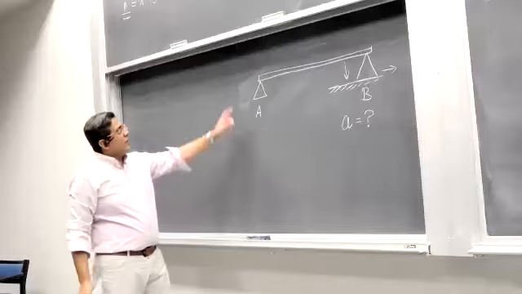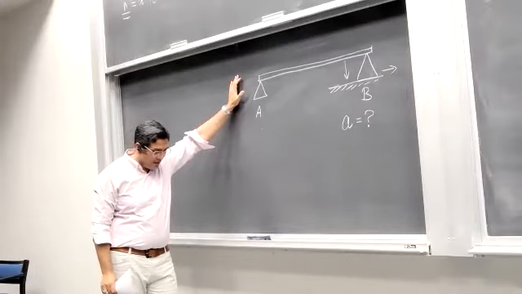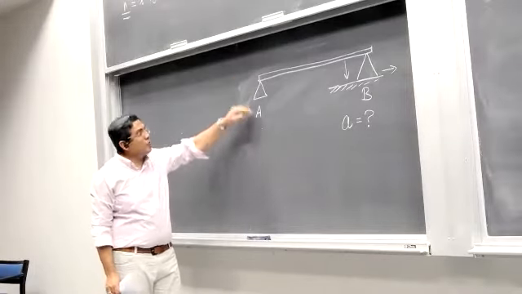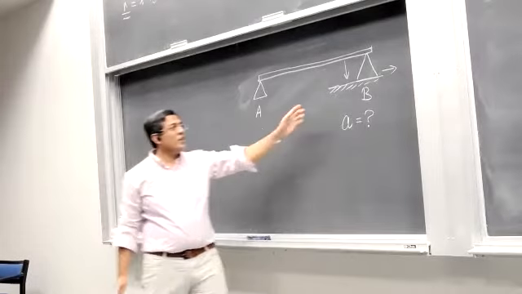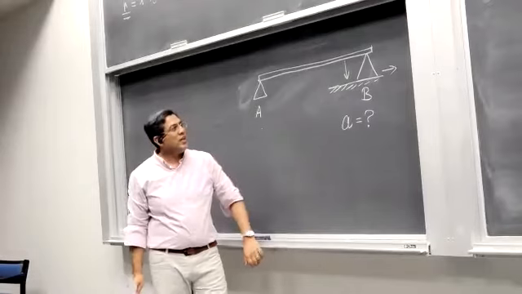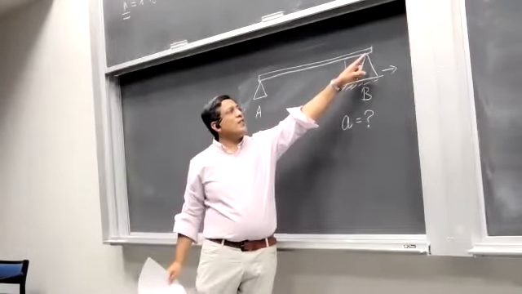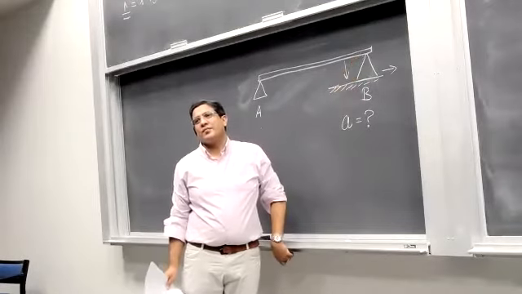So again, we have a small thin rod sitting on two wedges, and at some point we just remove one of the wedges, and the rod falls down. As it falls down, we want to figure out the acceleration of this end of the rod.